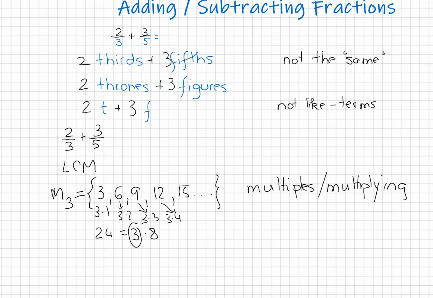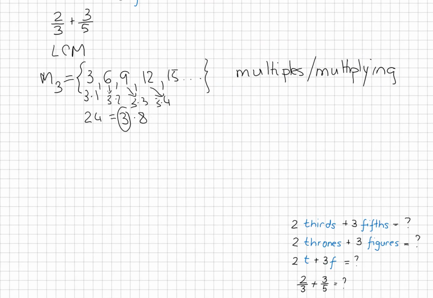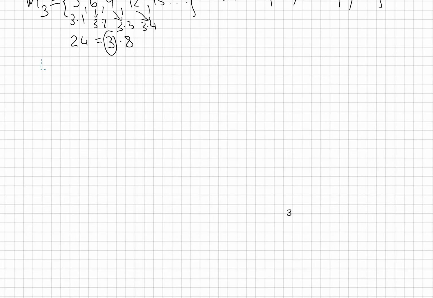Let's check how this works. We're talking about the lowest common multiple of 6 and 8. And we said that it might be 48 because we can find 6 times 8. But let's see.